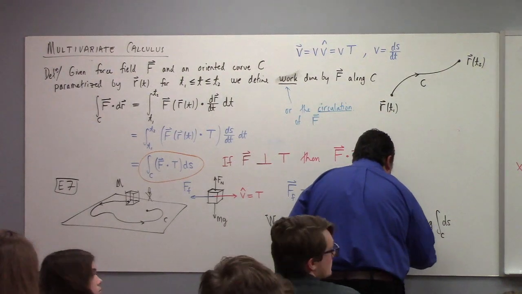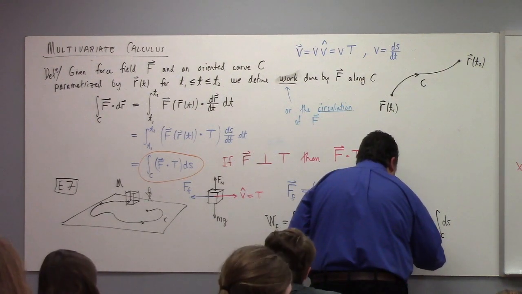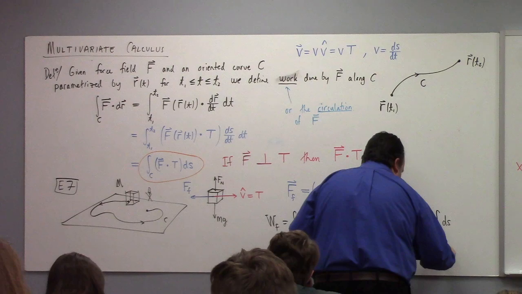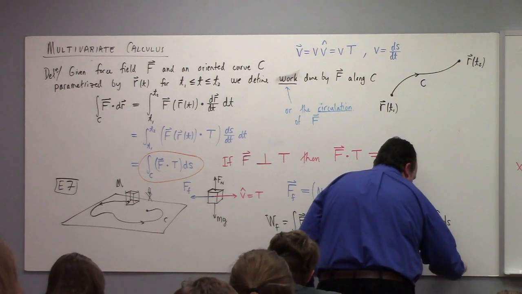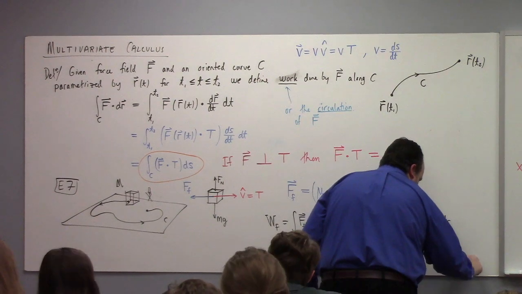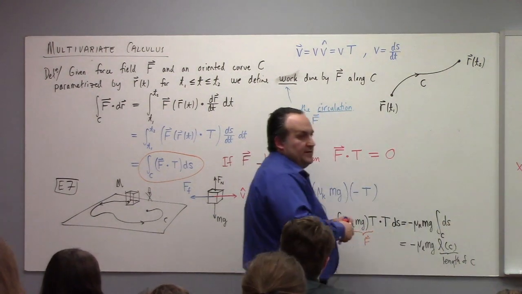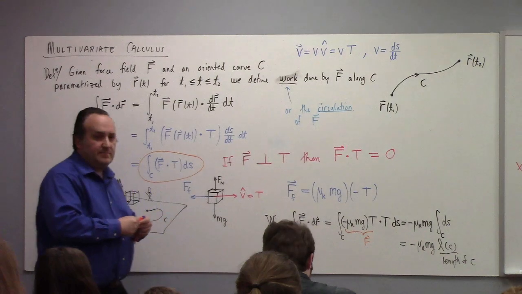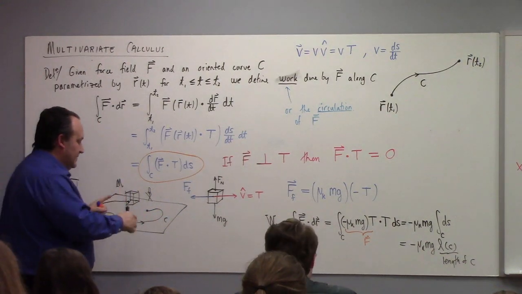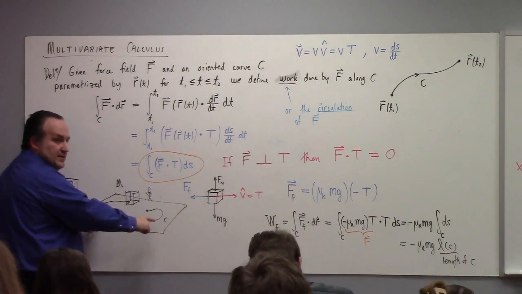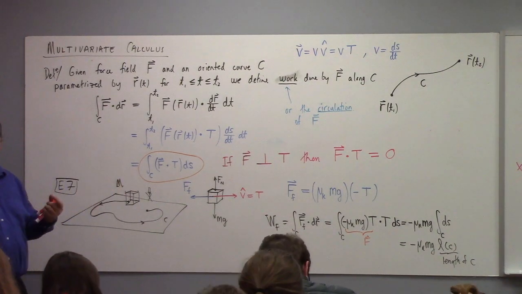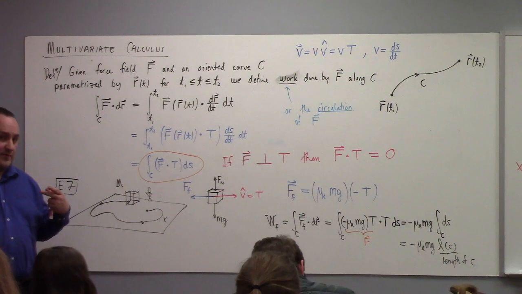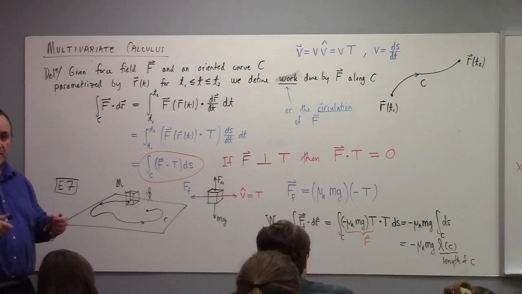Yeah. So this is minus mu sub k mg, and I would use maybe L of c for the length of the curve. The arc length, right? So the work done by friction is simply the length of the curve times the force of friction, and it's negative because the friction force is always applied exactly opposite the motion.